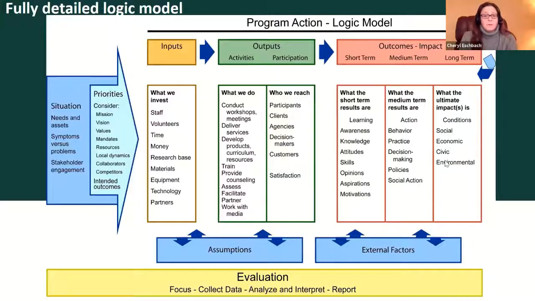We may ask partners or participants if they're satisfied with, like, where we implemented a program or what time of day we implemented the program, but that's not really going to help us inform the outcomes or the impact. Instead, that's going to give us good planning information to do better in that output section. So you'll see that's why satisfaction is listed underneath there rather than in the outcomes section.